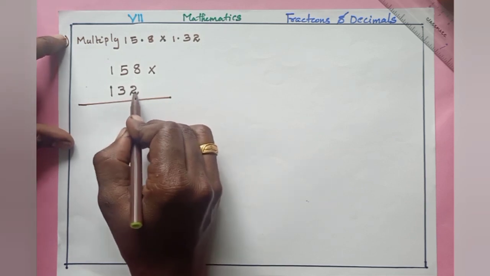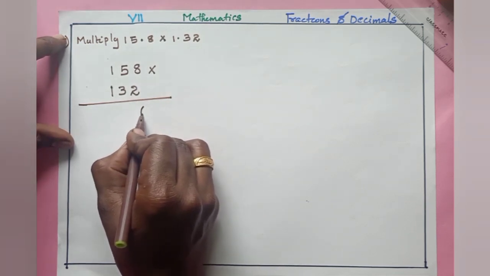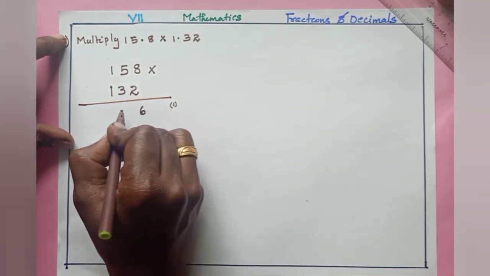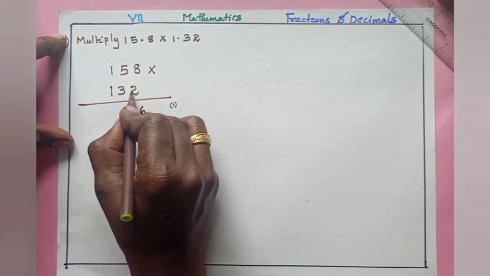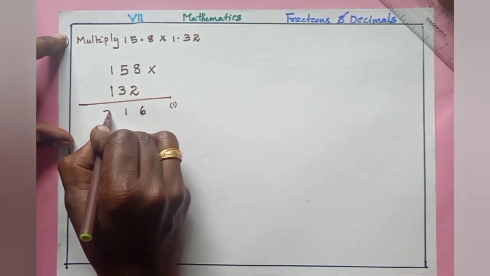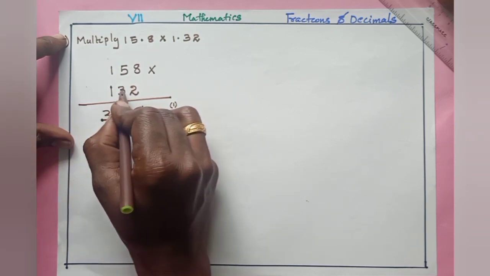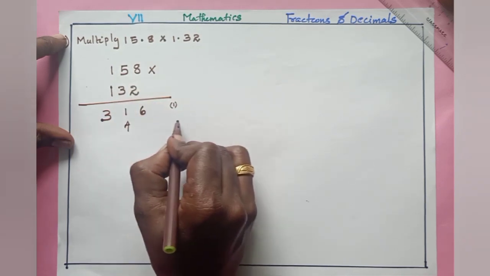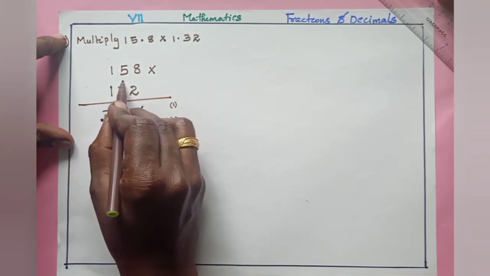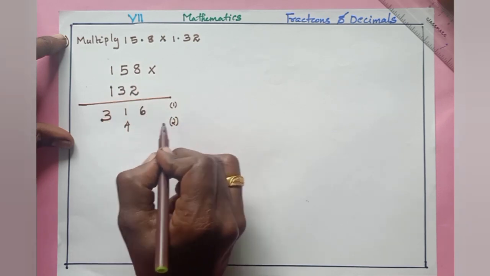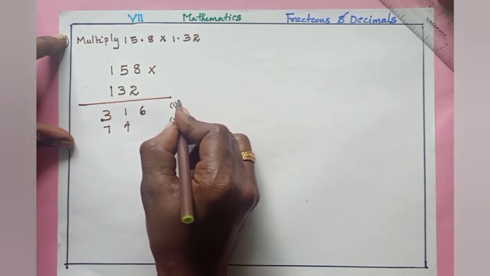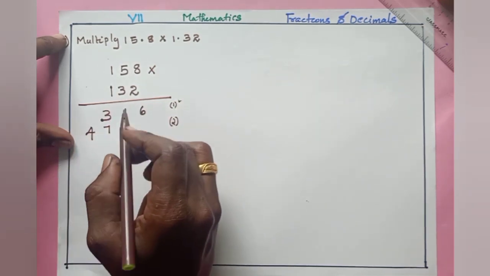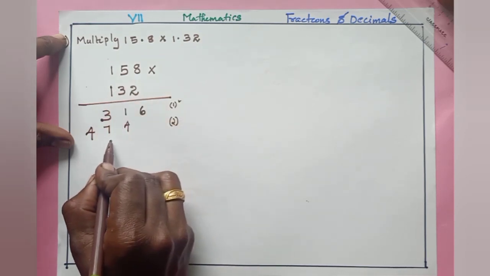Multiply first by 2. 2 8s are 16, 1 balance. 2 5s are 10 plus 1, 11. Again 1 balance. 1 2 is 2 plus 1, 3. Then 3 8s are 24. Yes, 2 balance. 3 5s are 15 plus 2, 17. 1 balance. 1 3 is 3 plus 1, 4. Next, 1 8 is 8.